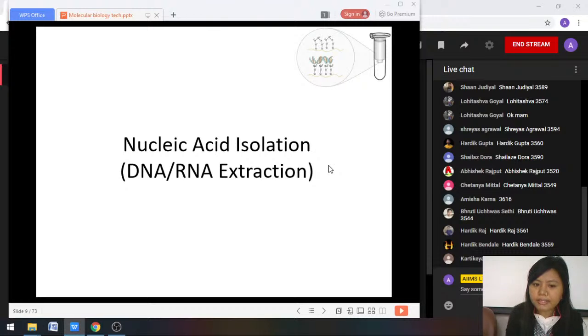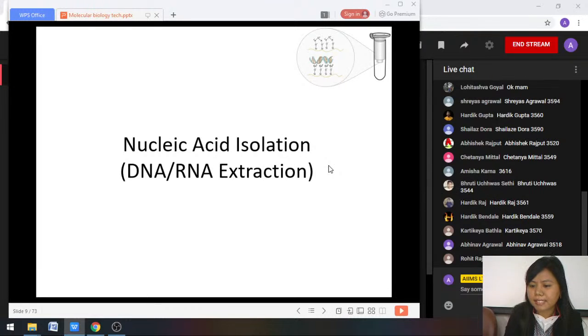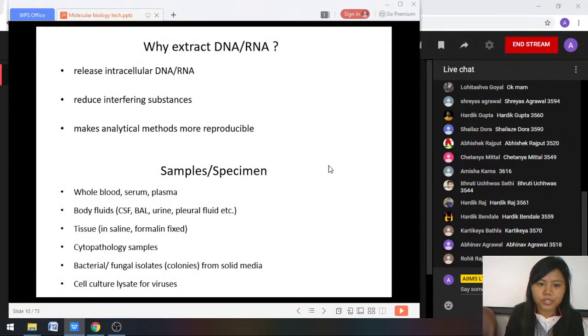So the first step is to extract the DNA and RNA separately from the sample. This method is called nucleic acid extraction or isolation. In this method, we release the intracellular DNA and RNA, it reduces the interfering substances, and it makes the analytical method more reproducible.